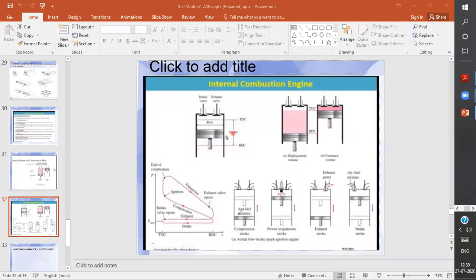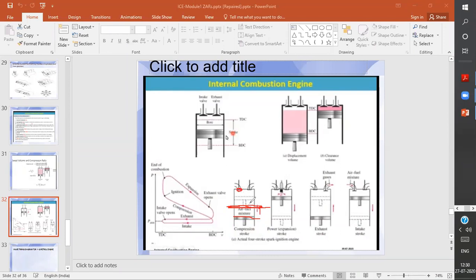But again, see, we cannot keep this inlet valve open for more time. If the piston has moved from here to the half of the stroke length, and we still keep the inlet valve open, then there will be a disadvantage.